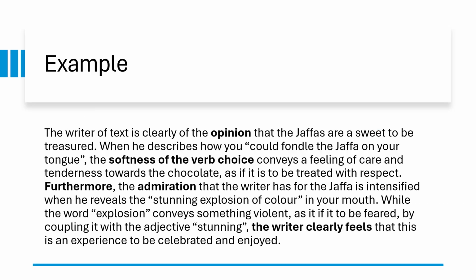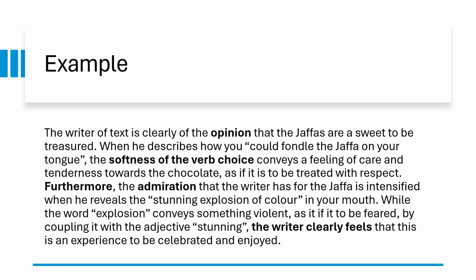Here's an example of what you could have written. The writer of text A is clearly of the opinion, immediately focused on writer's thoughts, feelings and attitudes, that the Jaffas are a sweet to be treasured. When he describes how you could fondle the Jaffa on your tongue, the softness of the verb choice, here I'm analysing language, conveys a feeling of care and tenderness towards the chocolate, as if to be treated with respect.